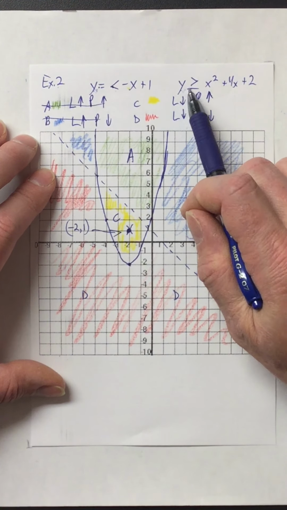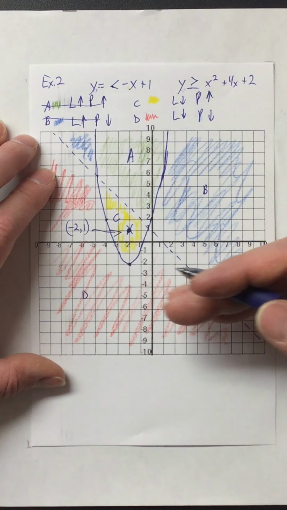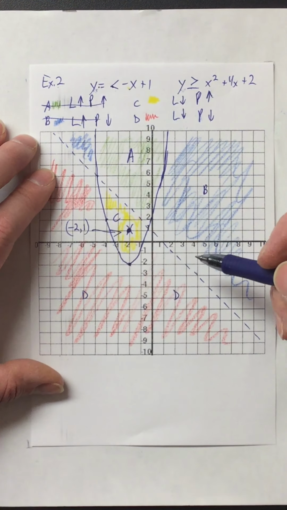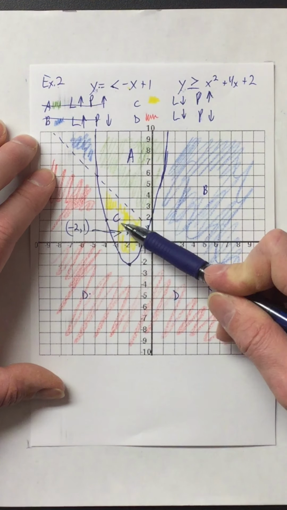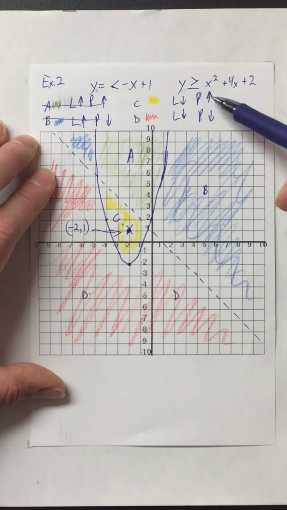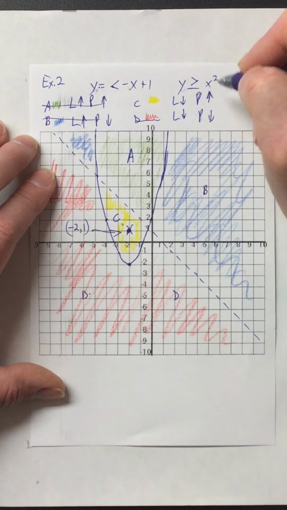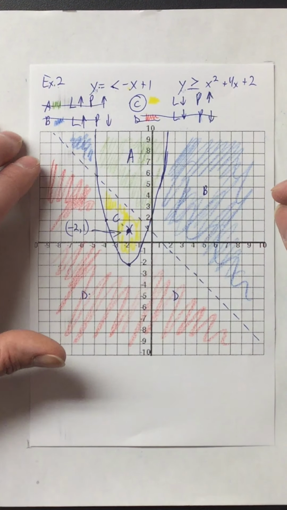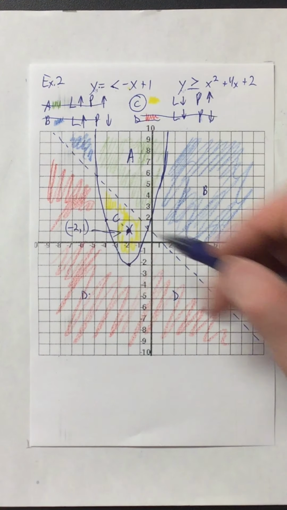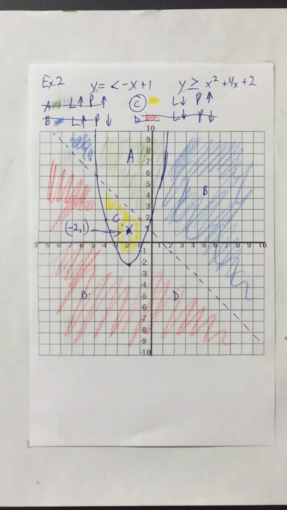My y is right here, and it's greater than my equation, so greater means above. What's the only spot that is above? D is below my parabola, C is above, so C is my answer, and D gets ruled out. C is the section that qualifies.